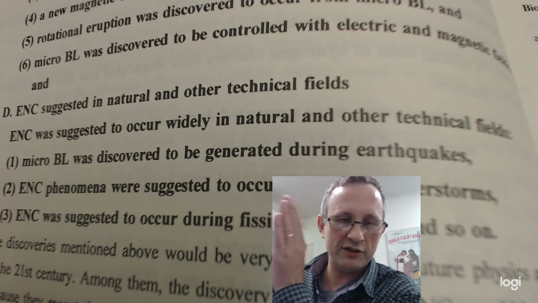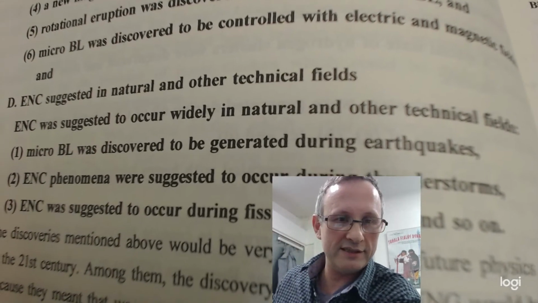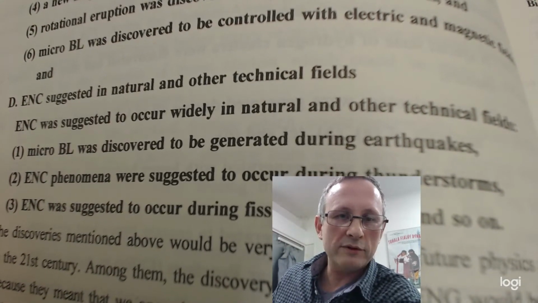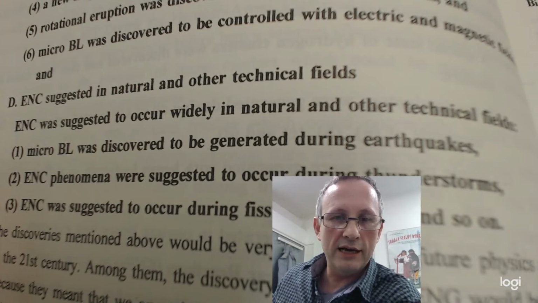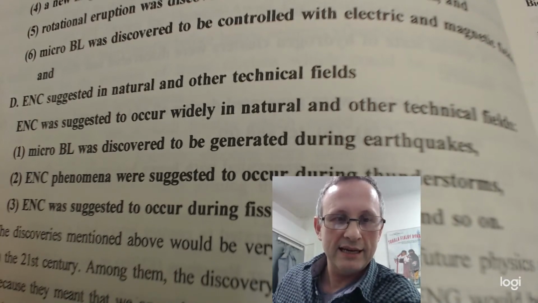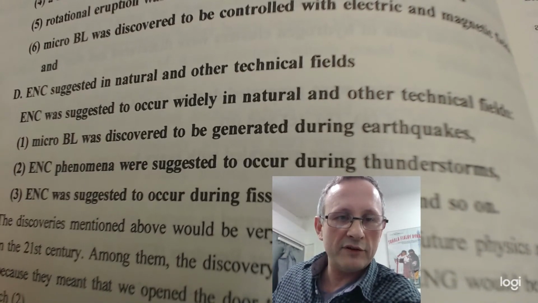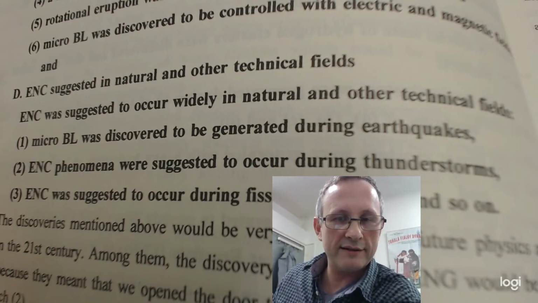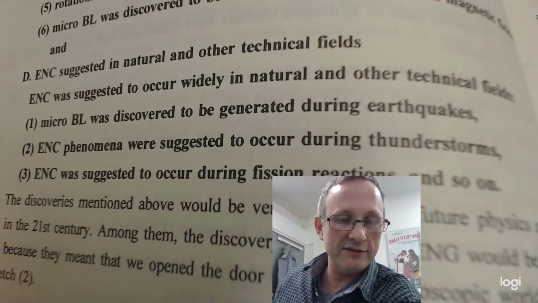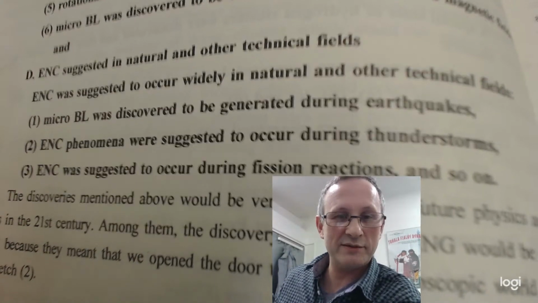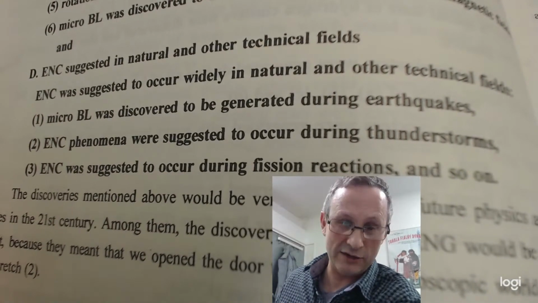And this is something that Ken Shoulders said is essentially ubiquitous. Microball lightning was discovered to be generated during earthquakes. Electronuclear collapse phenomena were suggested to occur during thunderstorms. Electronuclear collapse was suggested to occur during fission reactions, and so on.